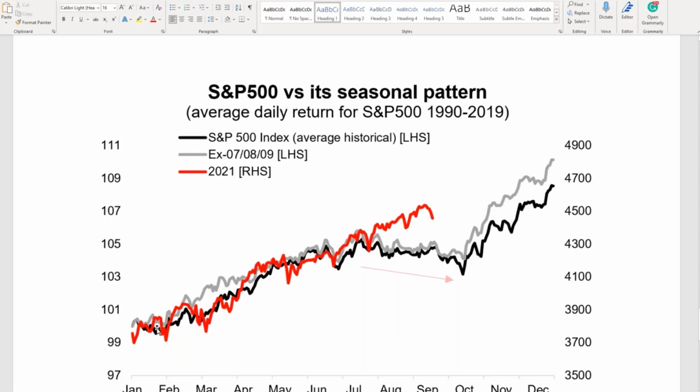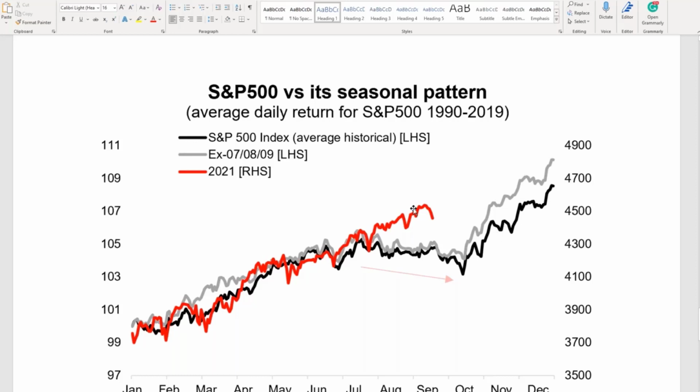This move up here is stronger even than the first 2 quarters, which are strong normally, but this quarter is the strongest quarter of the whole year normally, and it starts with sometimes a crash in October. Every crash we've had has been in October, including the one in 1929 and the one in 87. And then out of the crash, we bounce strongly, and this period is normally very strong.